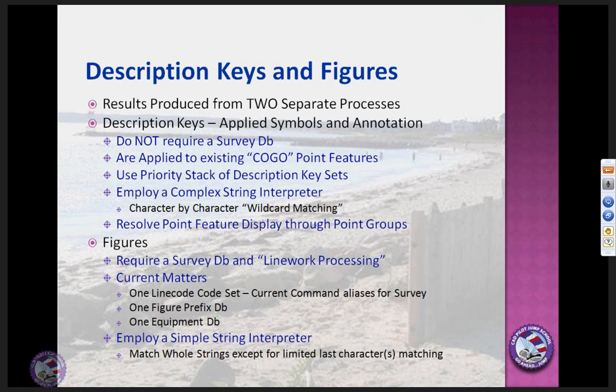It matches the whole string and looks for a limited list of last-character wildcard matches. So in terms of line work, we're matching the whole string. When we're talking about description keys, we can be matching parts of the string. The interpreters could be better or worse, but they pretty much work the way they did before. They're just applied in a more sophisticated way inside of Civil 3D.